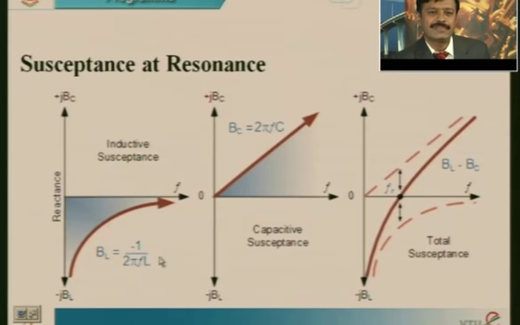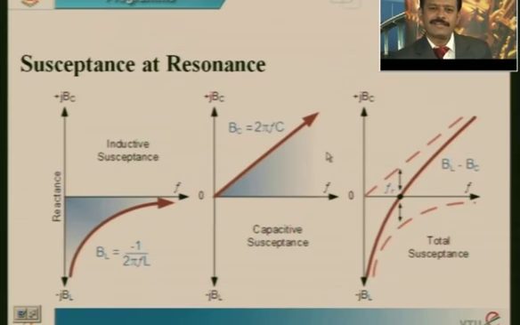As frequency decreases to 0, inductive susceptance will become infinite, and as frequency is increased, the inductive susceptance decreases. It is inversely proportional, and the curve is like a hyperbolic curve. If you plot the graph, we are getting this nature.